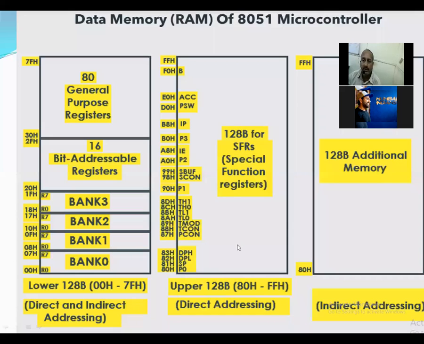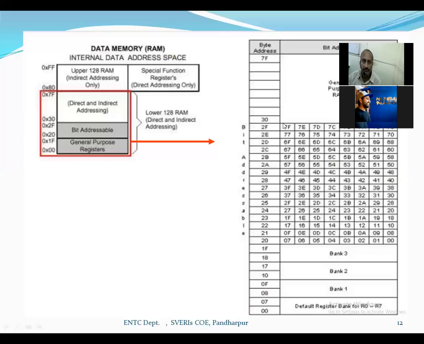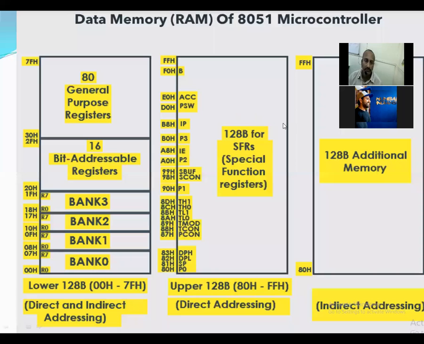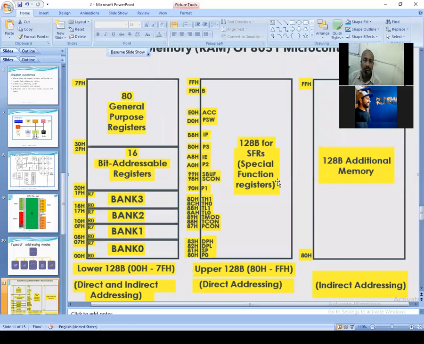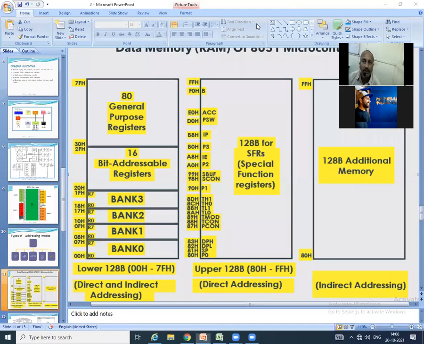Bank 2 चा R0 register मला ऍक्सेस करायचा आहे, तर त्याचा ऍड्रेस काय आहे? Cannot get the answer for this question.